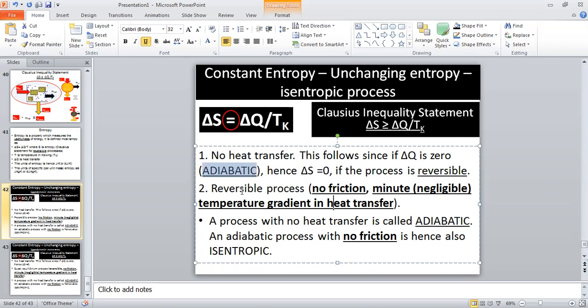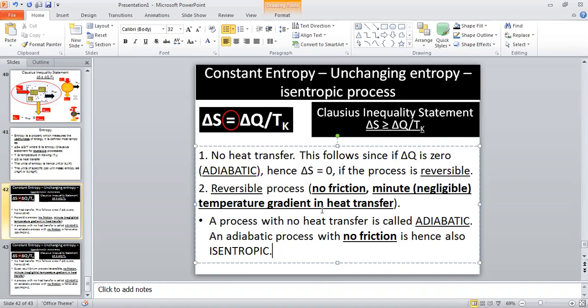So if it is reversible and is adiabatic, then no delta S increase means isentropic. That's why a process with no heat transfer is called adiabatic, and an adiabatic process with no friction is hence also isentropic, because for reversible, of course no heat transfer is not enough.